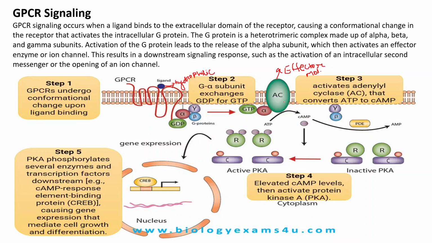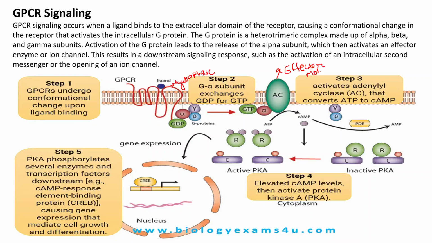Once adenylate cyclase is activated, it converts the cytosolic ATP to cyclic AMP.